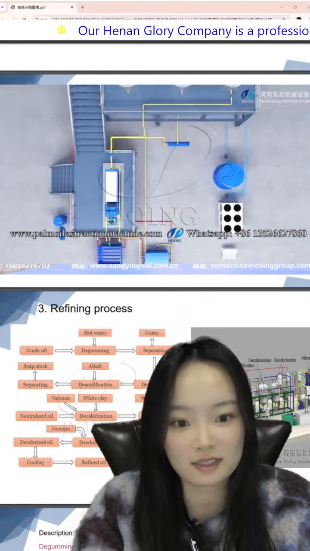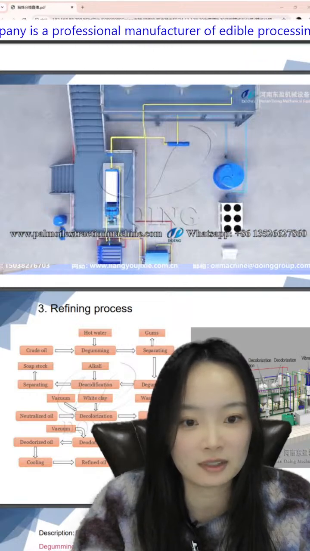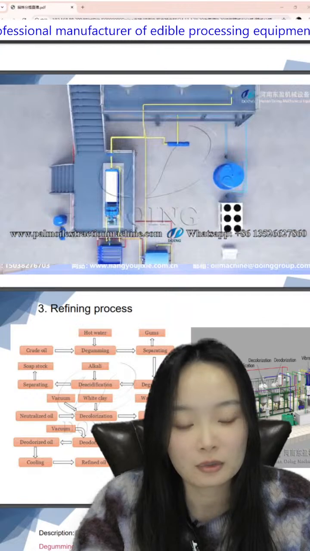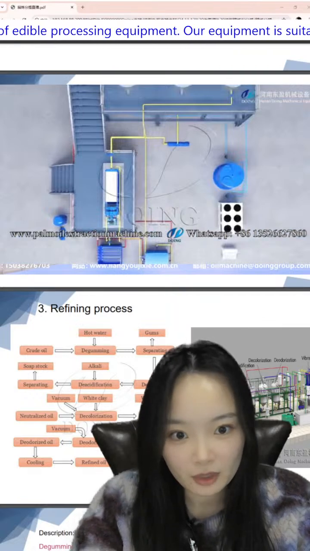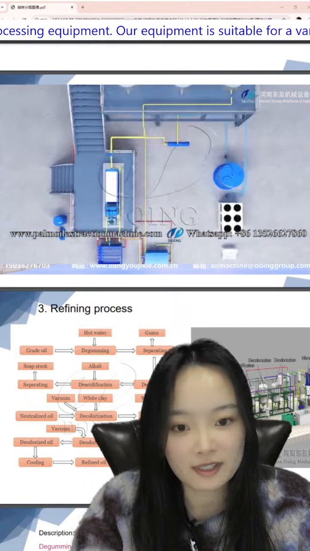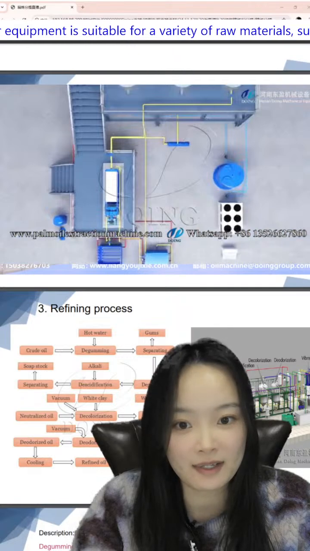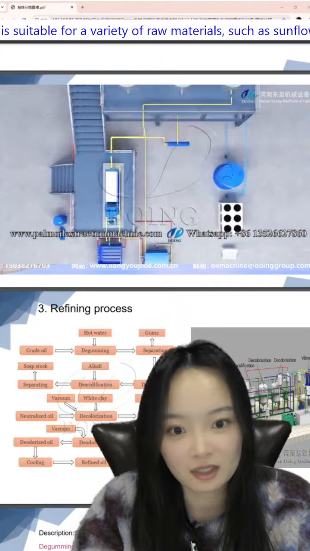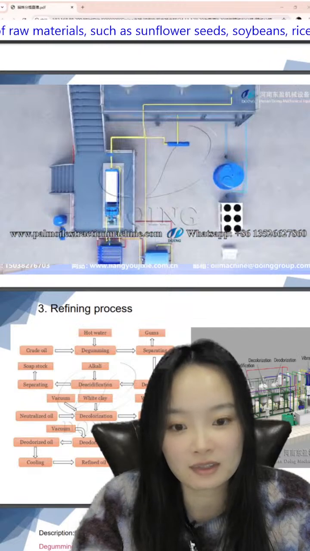Next part is deacidification. In this part, we will add some alkali such as NaOH to remove the acid in the oil. And in this part, after sedimentation, we will get the soap stock as a byproduct. And then we get the neutralized oil.